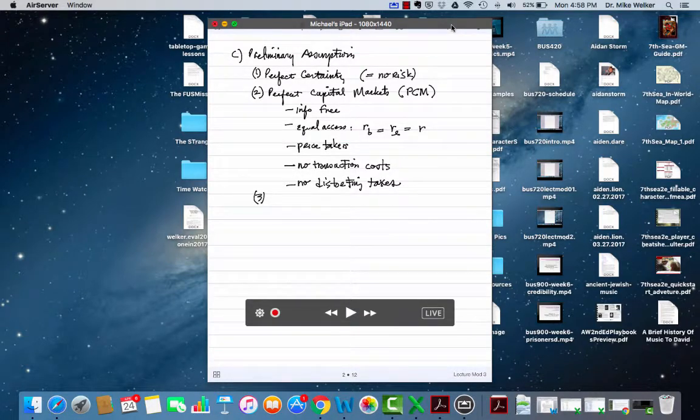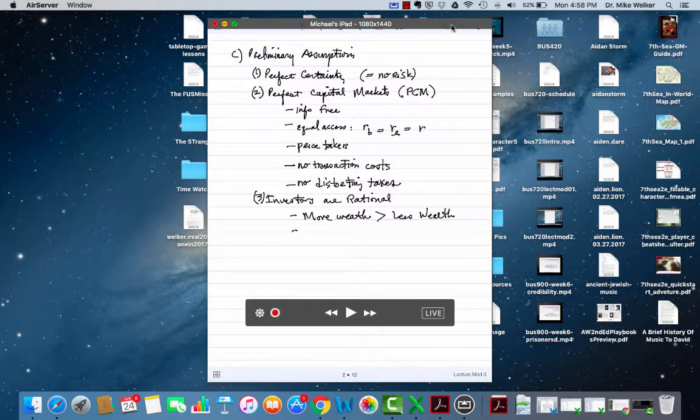Thirdly, we're going to assume that investors are rational. So they prefer more wealth. More wealth is preferred to less wealth.